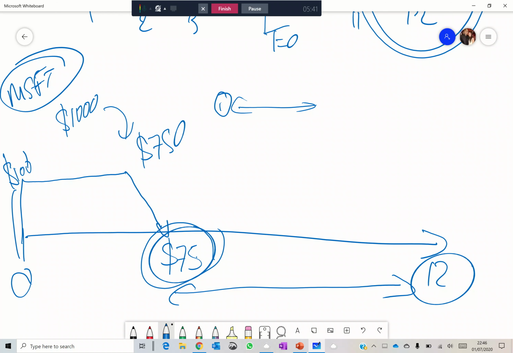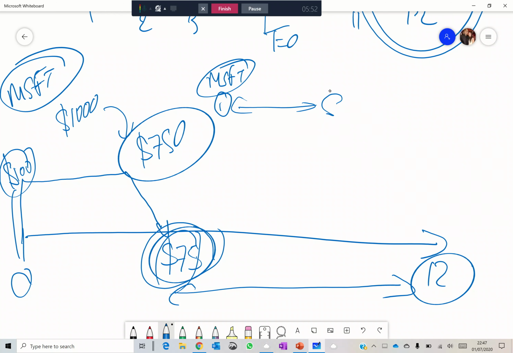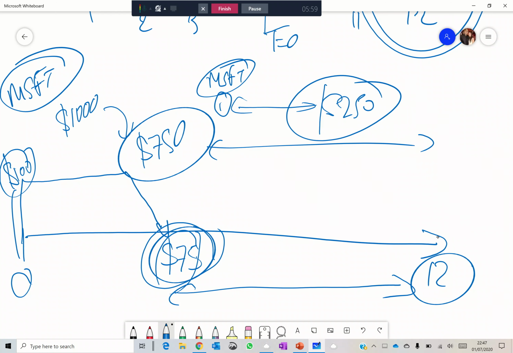Because the share price dropped from 100 down to 75, so you're left with $750. So you know that the most you could lose over 12 months in your Microsoft holding would be $250. Okay, that's the most you could lose, and that's what you know until the end of the 12 months. So that gives you a degree of certainty.